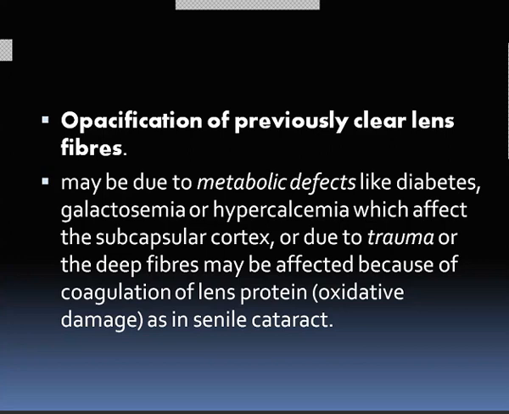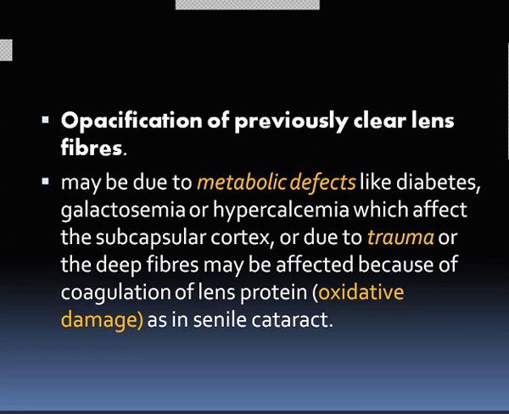Oxidative damage also occurs, as in the case of senile cataract. Whereas in trauma, because the epithelium is damaged, imbibition of fluid into the lens fibers leads to hydration and opacification of the lens.